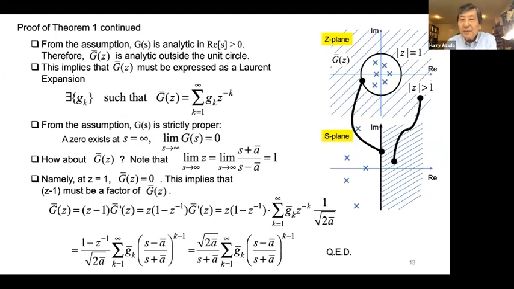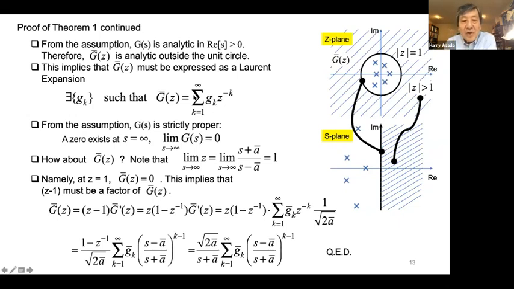Okay. If this G bar Z is analytic, then it must be expressed as a Laurent series expansion. So such coefficients G K must exist such that this is expressed in this way.